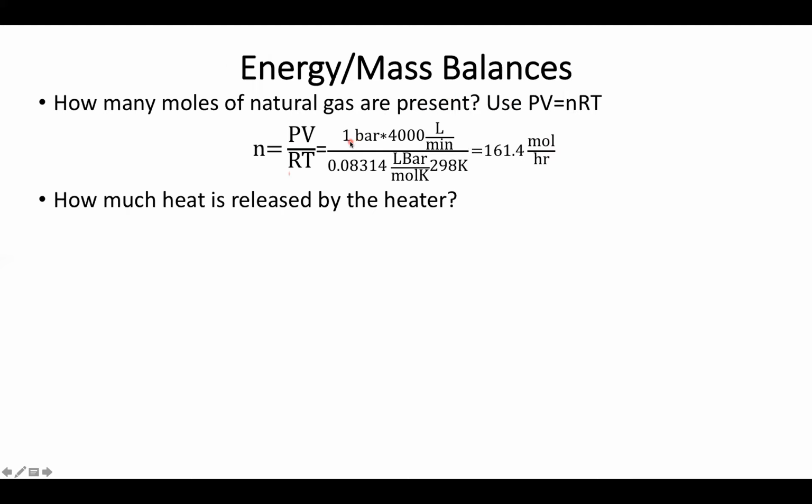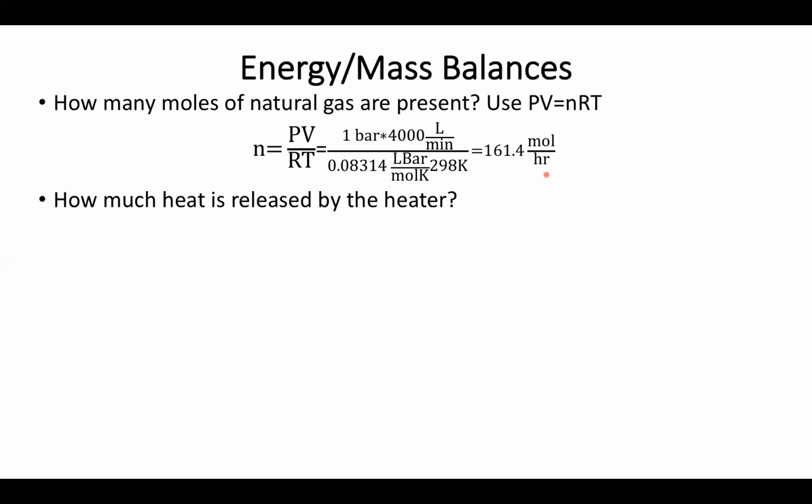Now, one of the things worth noting is that our pressure may be 1 bar, but our volume is actually present as a volume flow of liters per minute, which I'm going to end up converting into moles per hour. Feel free to go ahead and check the numbers. So what we end up doing is we're flowing through about 161 moles of natural gas per hour.